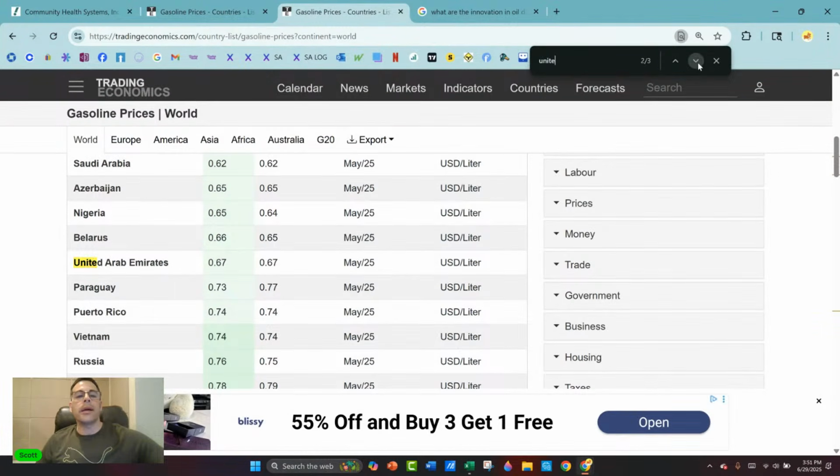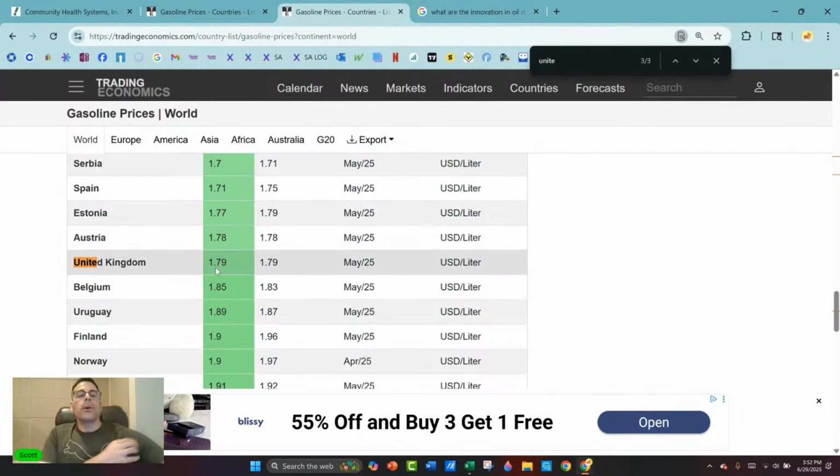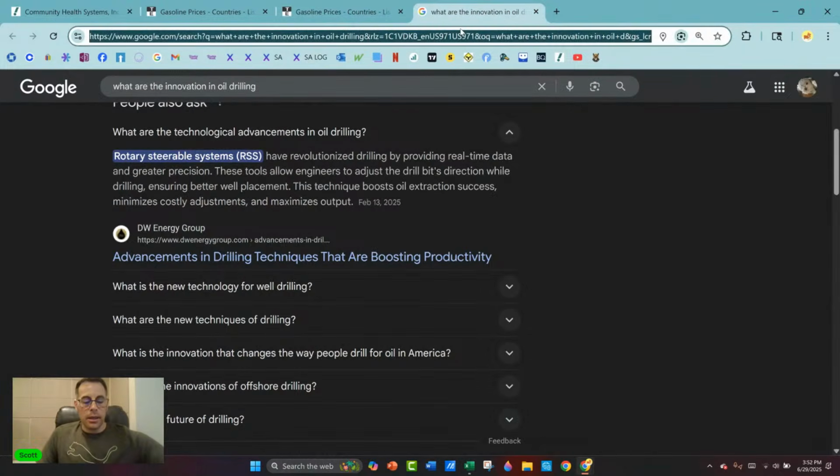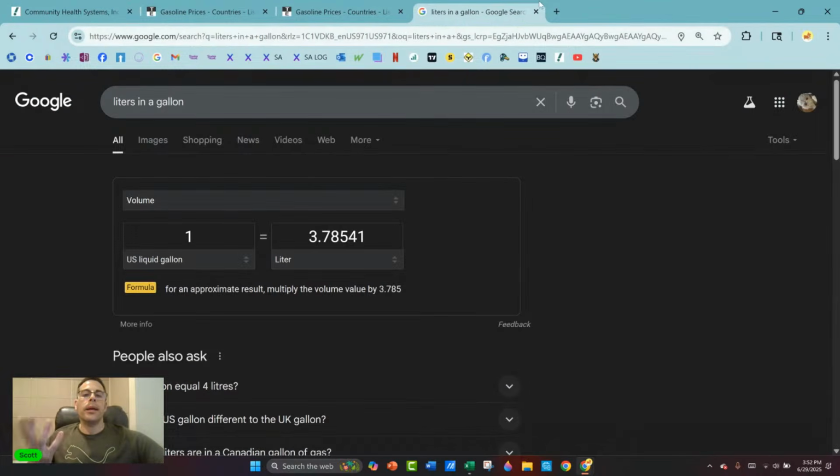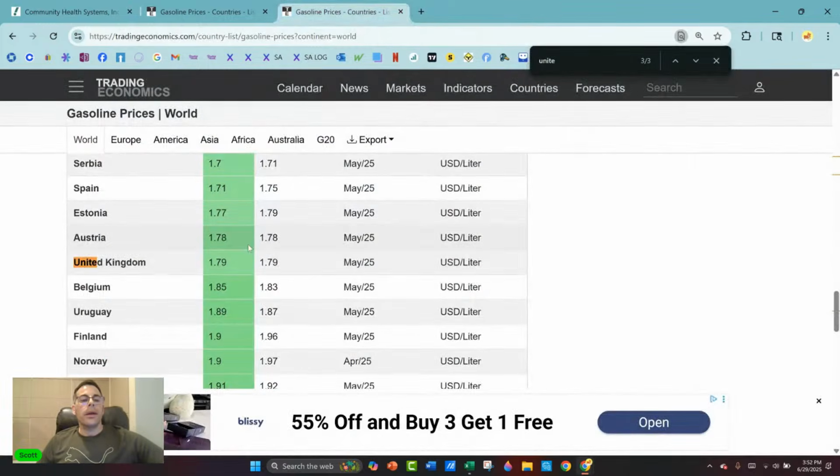This chart has every country, so it's by liter. So I think it's 4 liters in a gallon, 3.8. Let's just pretend it's 4. So in the US, it's a little under $2. So this is like $7 a gallon. That sounds high. Is it 7? I guess I pay like 6.50.